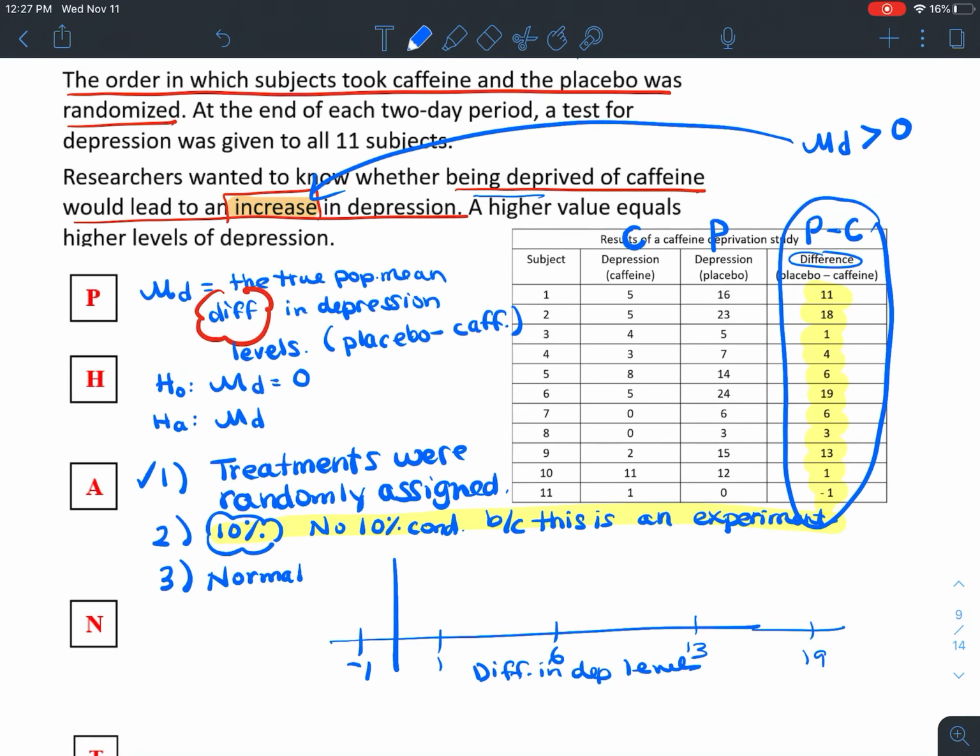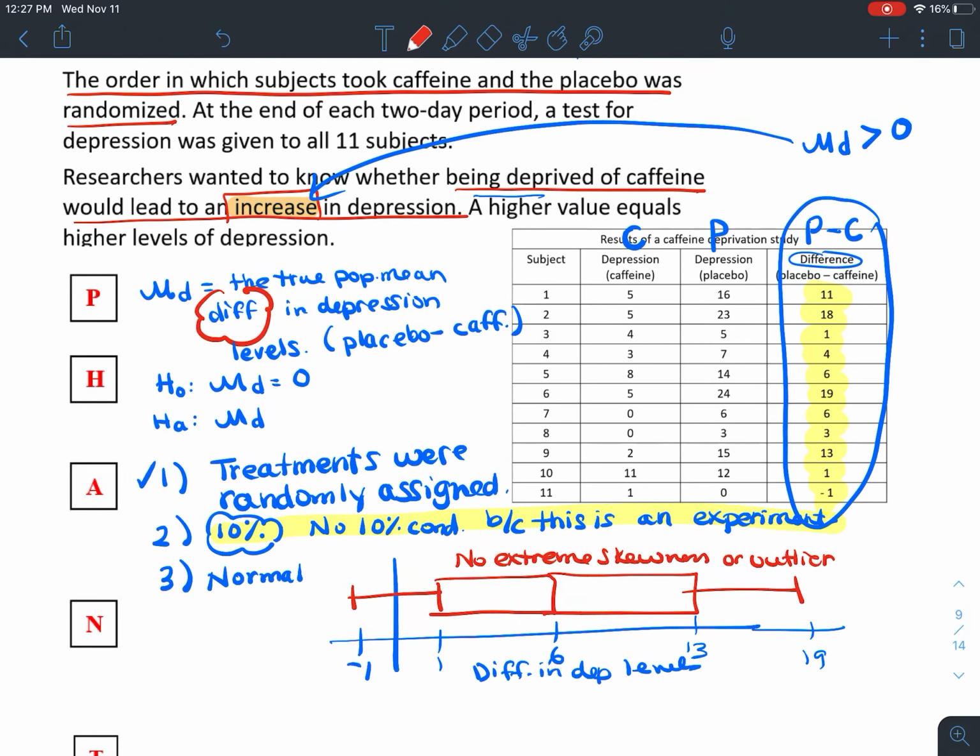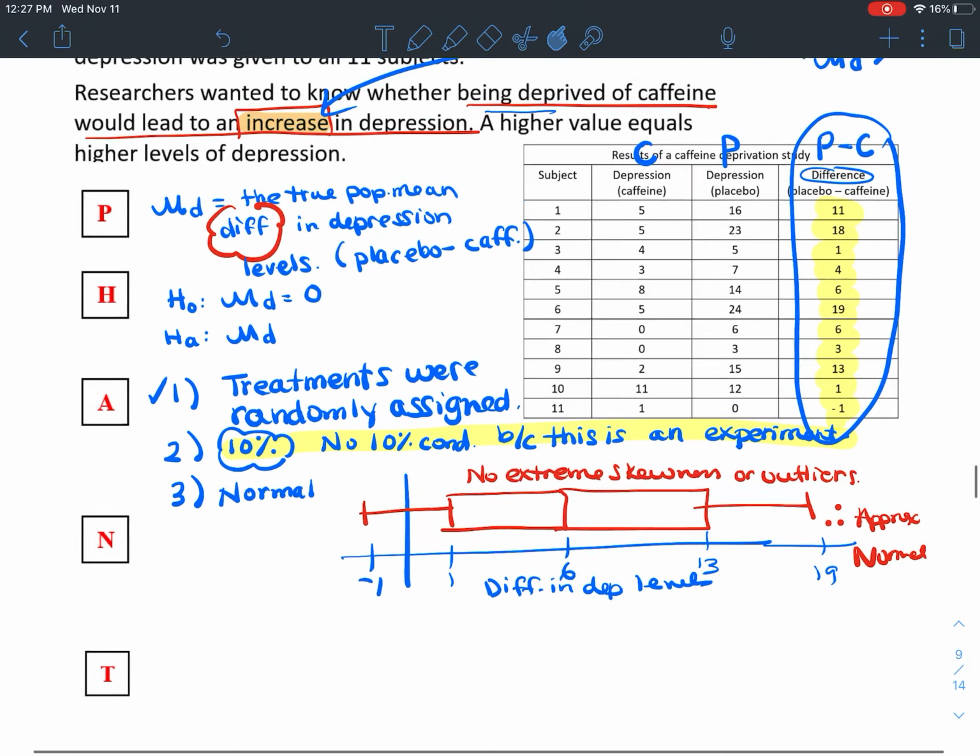All right. So our box plot roughly looks something like this. And we just want to make a note that there is no extreme skewness or outliers. Therefore, it is approximately normal. Okay, and then we would continue on with the problem.